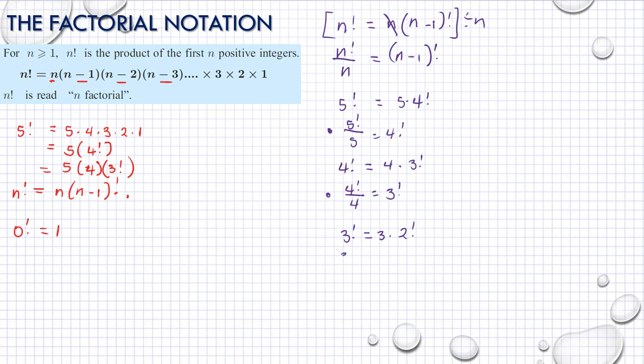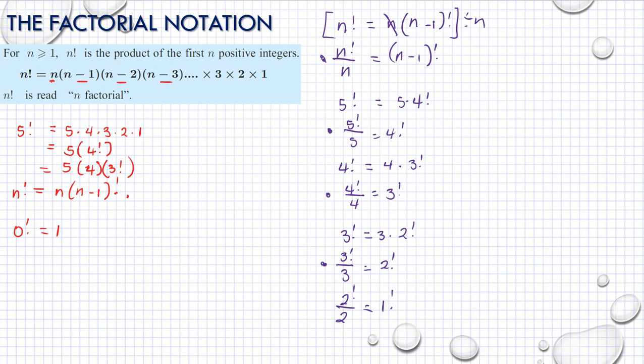That means 3 factorial divided by 3 is equal to 2 factorial. So if I have 2 factorial now, the pattern is like that: divided by 2 is equal to, as you can see here, n factorial divided by n. Then I will get 1 factorial.